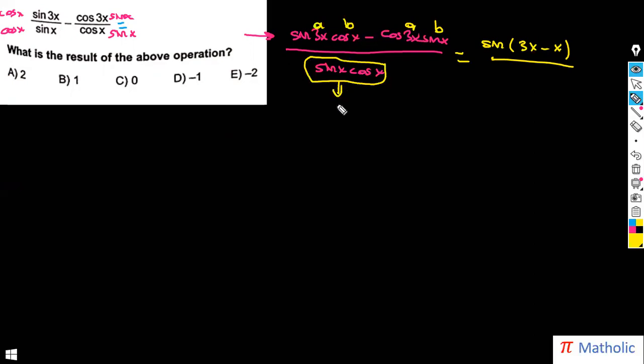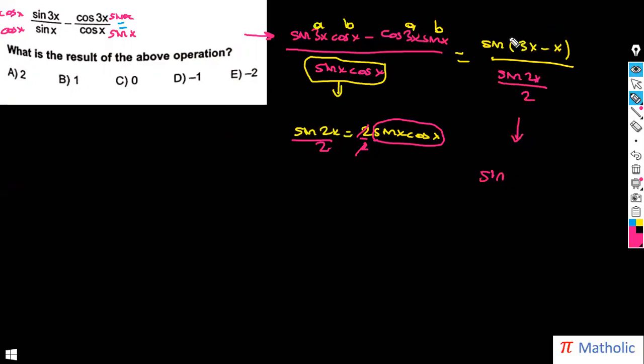So for this one, let's remember the double angle identity. Sine 2x is 2 sine x cosine x, but here I have only sine x cosine x, which means I have to divide by 2. So sine x cosine x is 1 over 2 times sine 2x. Let's write over here, or just write sine 2x over 2. So up is going to be sine 2x over sine 2x over 2.